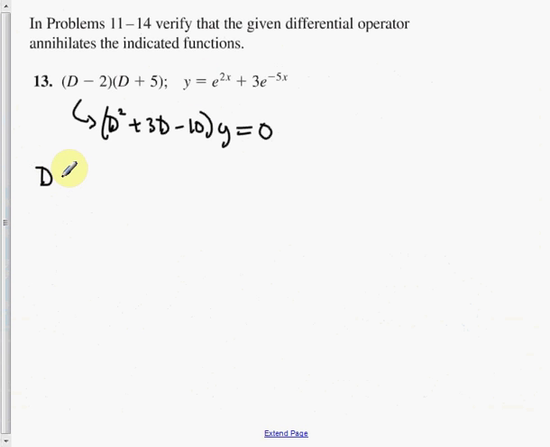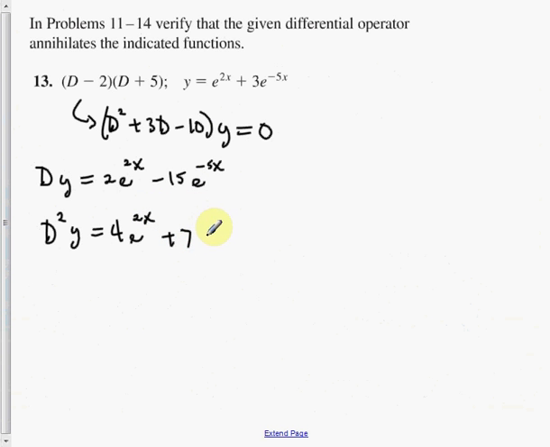Here, D of y is 2 times e to the 2x minus 15 times e to the negative 5x. And then D squared on y is 4 times e to the 2x plus 75 times e to the negative 5x. So we're going to put this into this form here: D squared on y plus 3D on y minus 10 times y.